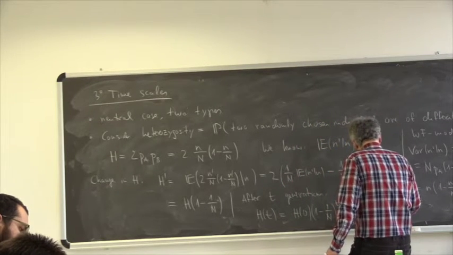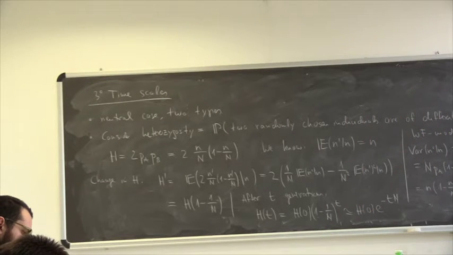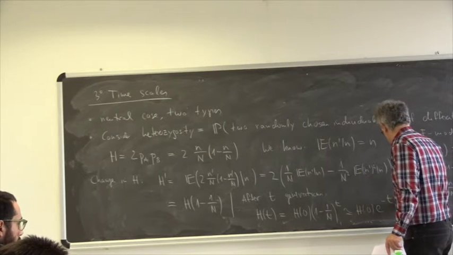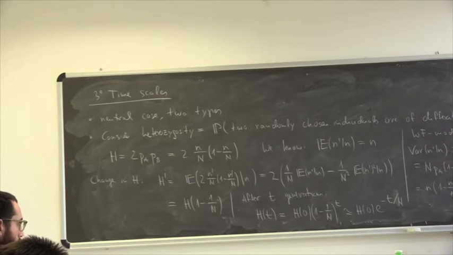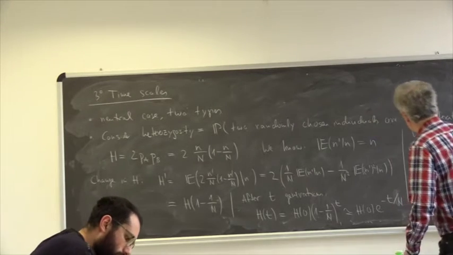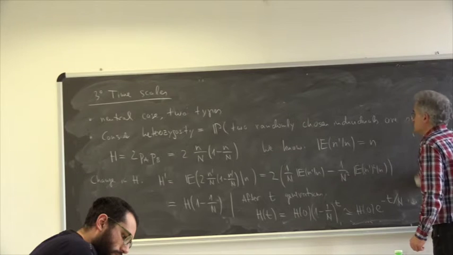So when n is large, there's a time scale of t over n, that is, a time scale equal to the population size on which the diversity decays. And this is called the time scale of genetic drift.